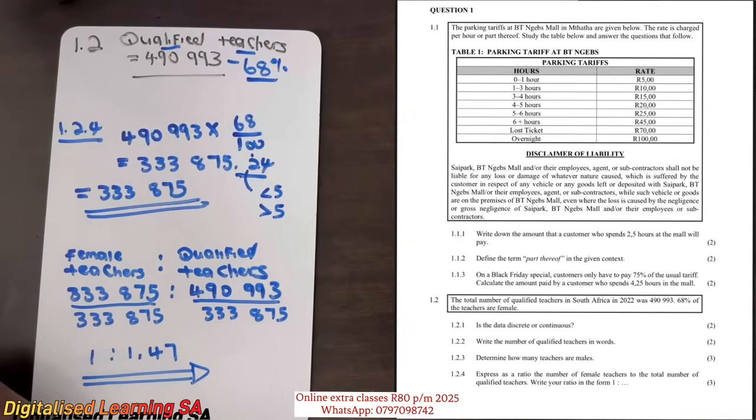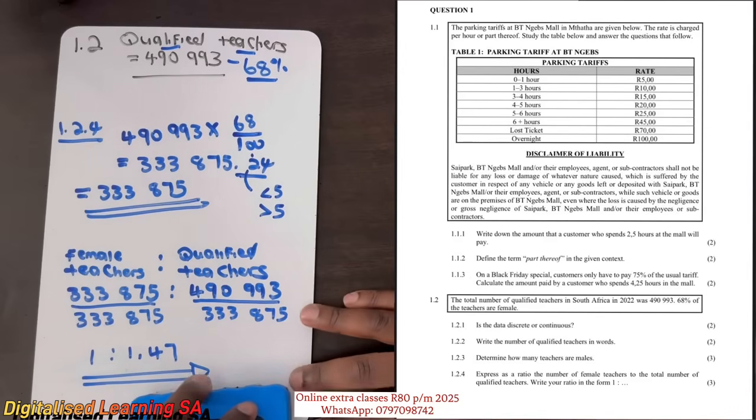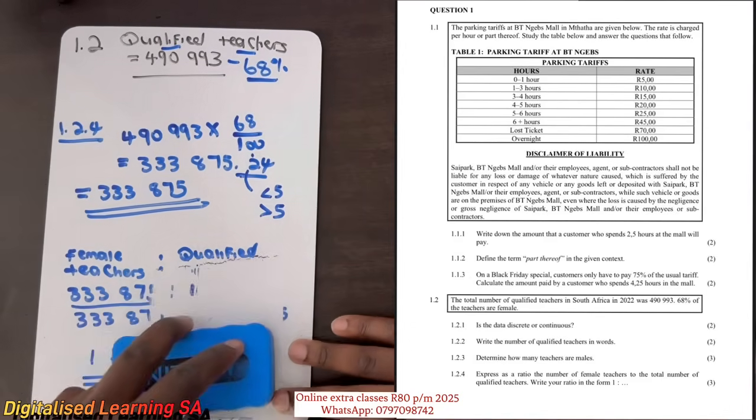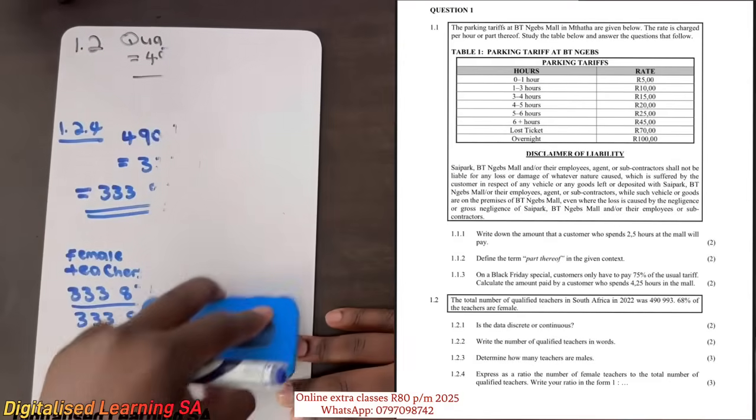Okay, so now let's move to question 1.3. So we are done with 1.2, and now we are moving to 1.3. So we can just quickly create space so that we can answer that question.